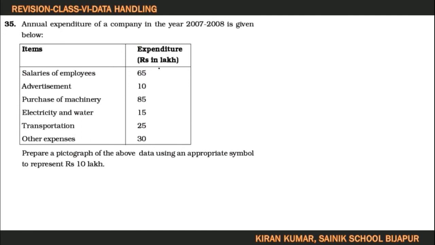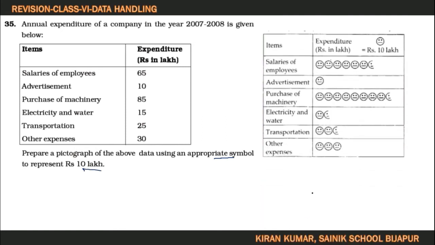The expenditure in terms of lakhs are mentioned here. We need to make a pictograph. To make the pictograph, I have taken a simple figure, simple symbol. This smiley indicates 10 lakh people.